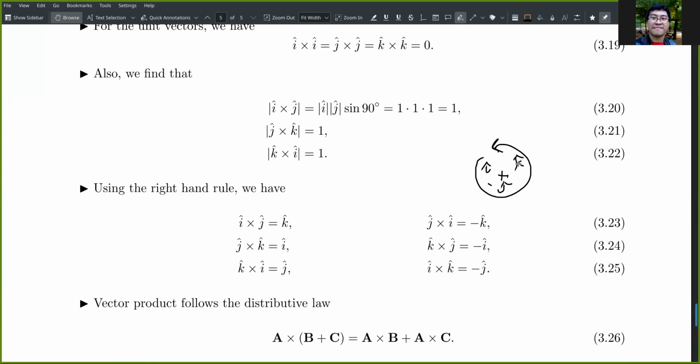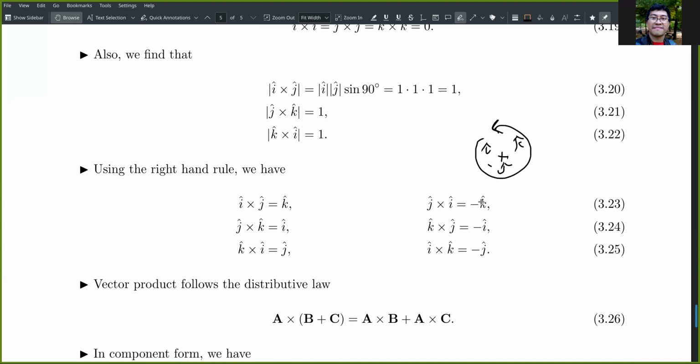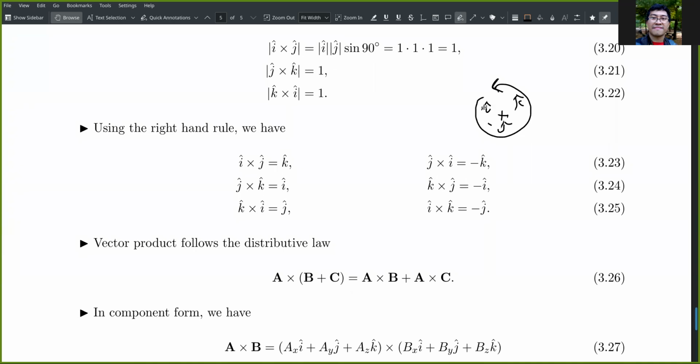So the answer is negative of K. Okay, so again, if you go counterclockwise, positive, clockwise, negative. And counterclockwise is the direction of the sequence I, J, K.